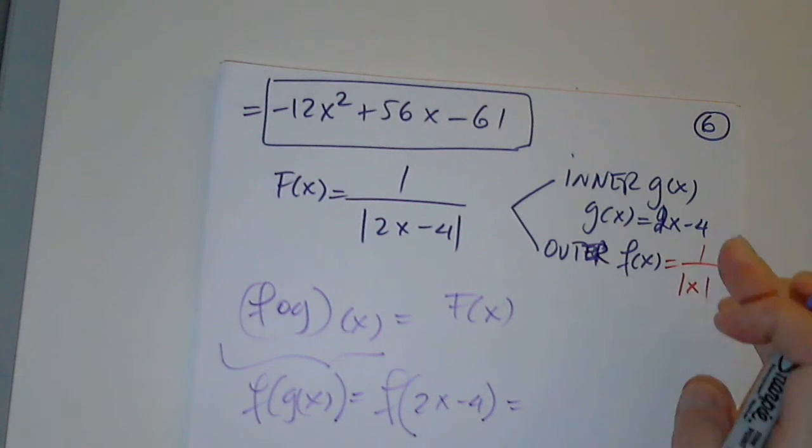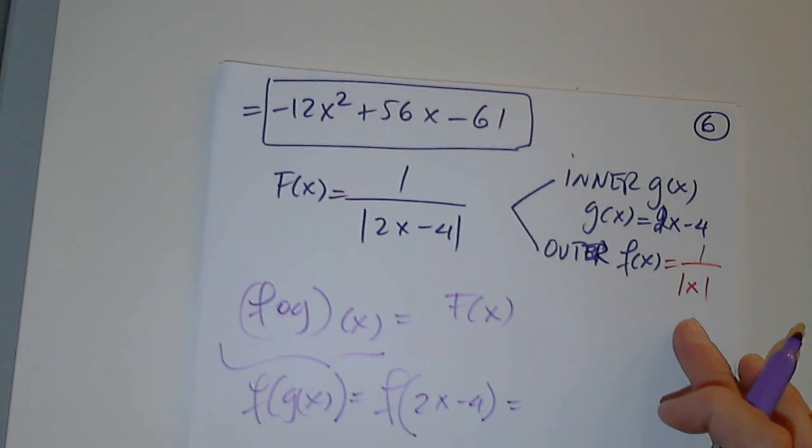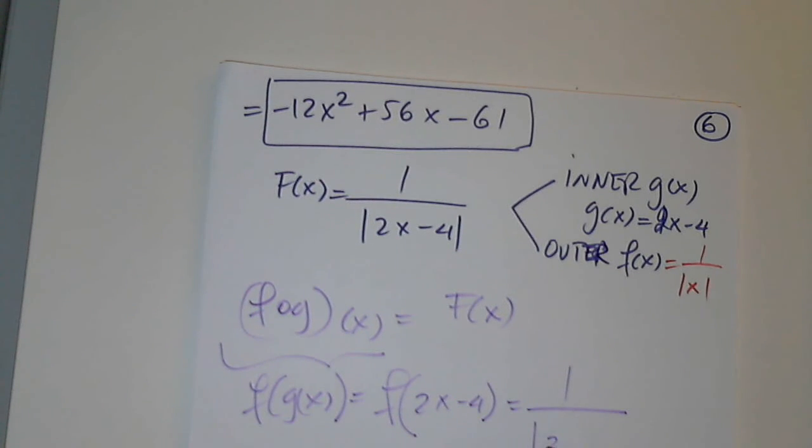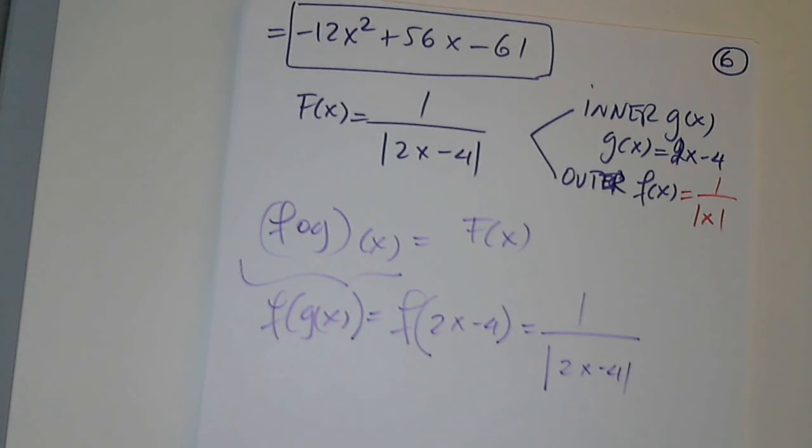But f is 1 over the absolute value of whatever. And we got the function back. Is that better? Everyone? Perfect. Okay. Moving on.